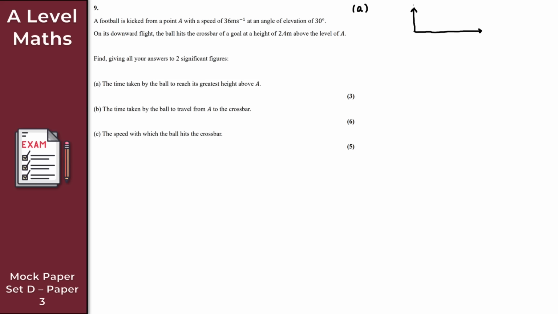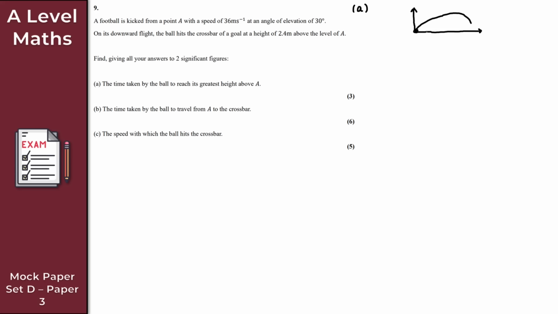We've got the ball that's kicked, so we'll take that as the point A. We've got the path of the motion, which would look something like that. And this is the point where it hits the crossbar of a goal.